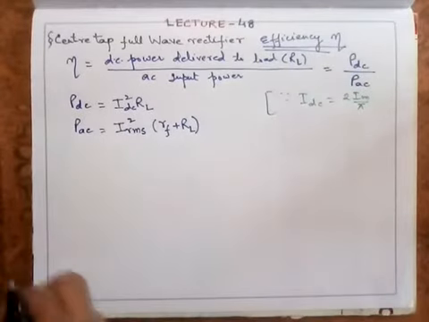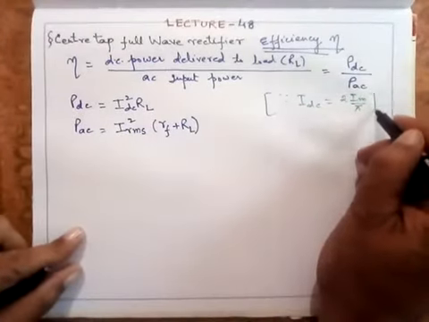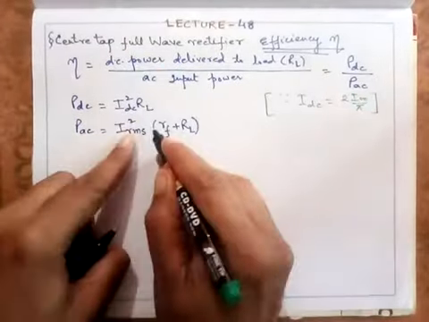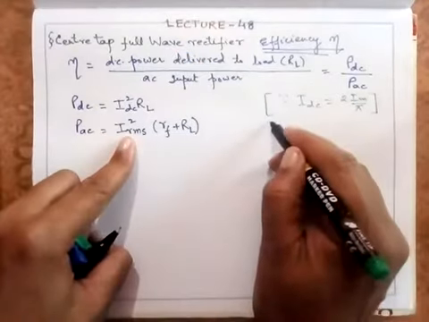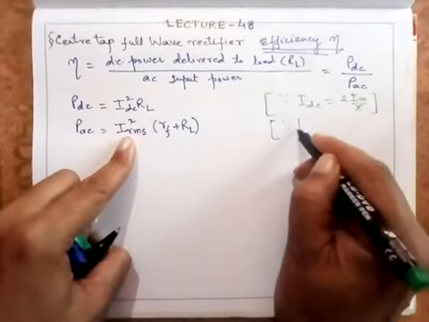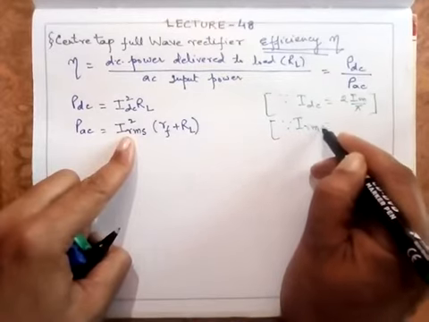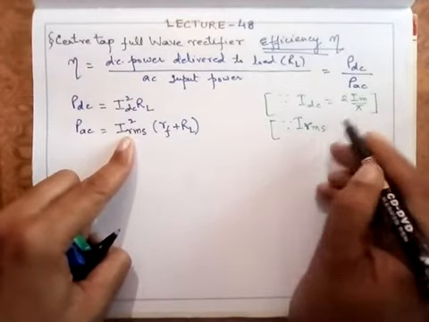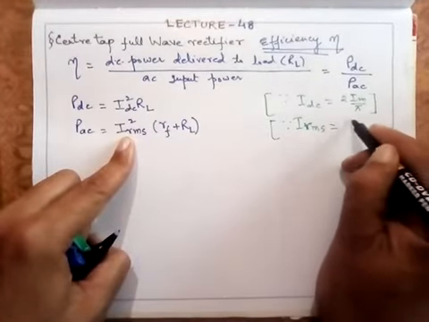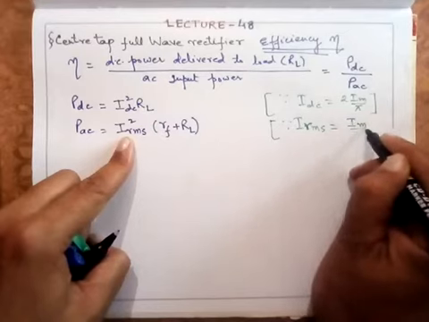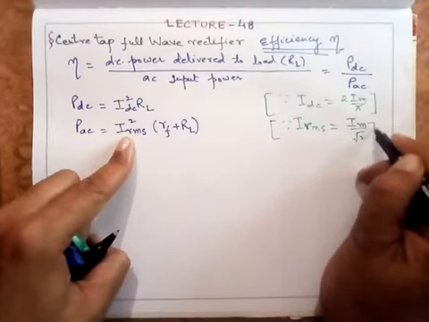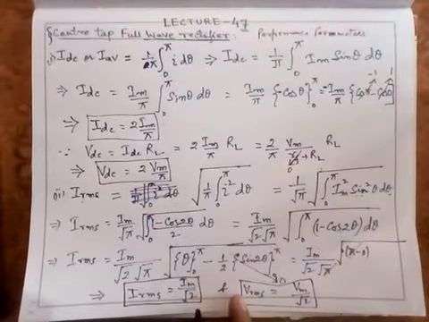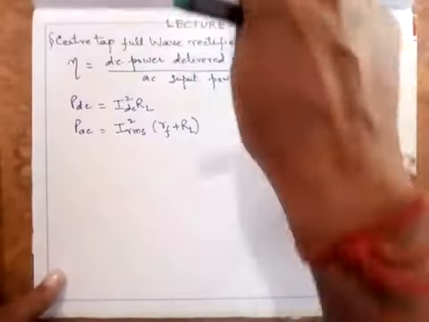And we derived in the previous lecture that the RMS value of the pulsating DC output of a center tap full wave rectifier is equal to Im upon root 2.